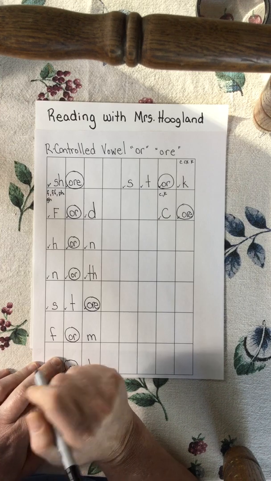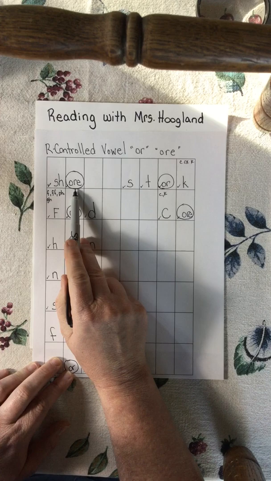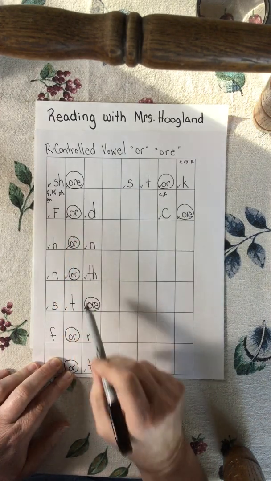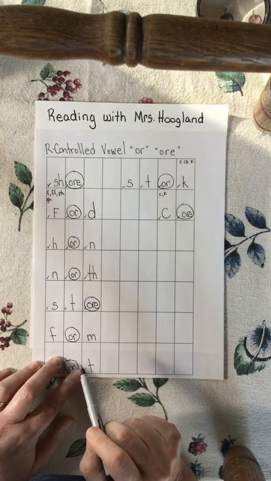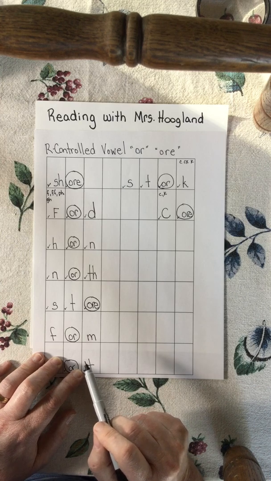So one thing I'm noticing, or I hope you're noticing it too, is that O-R-E is not found inside of a word. It's always found at the end of the word, okay? We'll see if we can keep following that pattern.